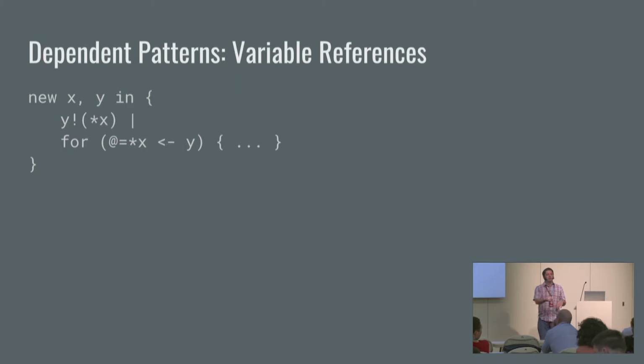Just wondering why you wouldn't be able to do star x instead. So no, the equals is important. Star x wouldn't be the right pattern, the right syntax. If you just said star x, you would be expecting to receive a process of the form star some name.